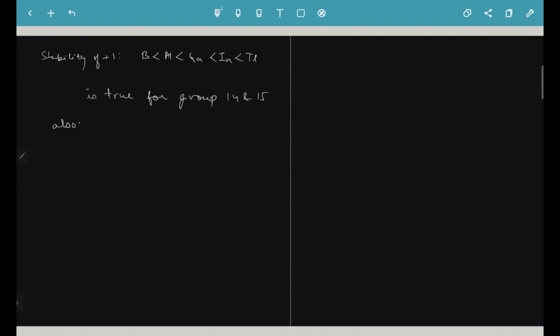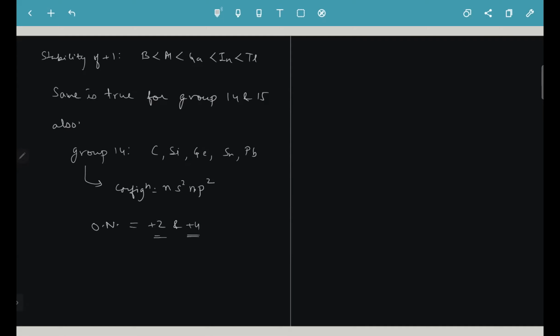In group 14, the elements are carbon, silicon, germanium, tin and lead. The configuration is ns2 np2. Oxidation numbers are +2 and +4.